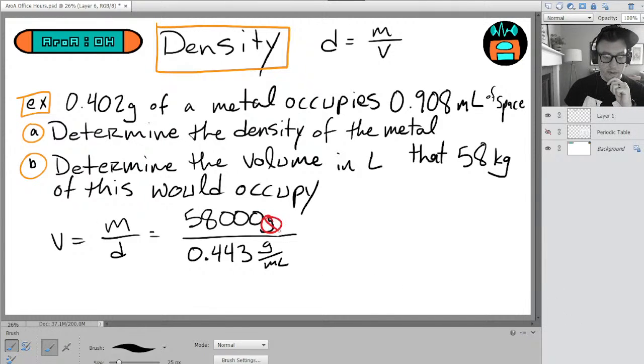Happily, our mass unit cancels. And I'm not going to do 58,000 divided by 0.443 in my head. That's what calculators are for. So 58,000 divided by 0.443 comes out to be a huge number.